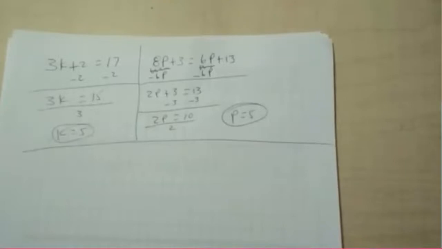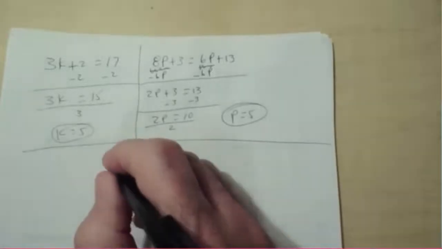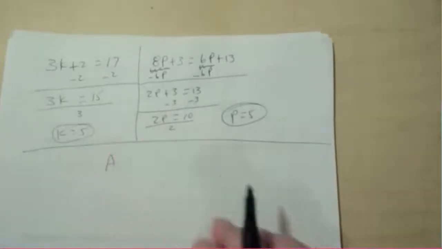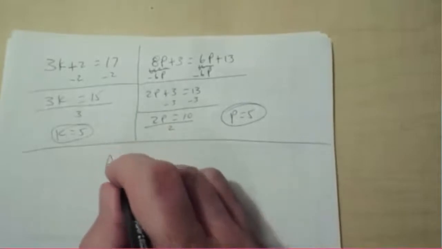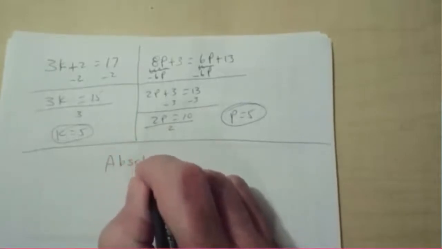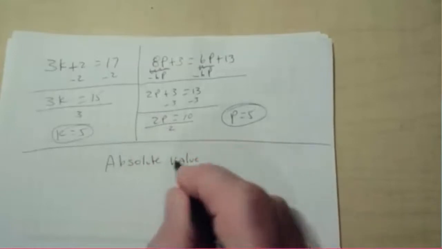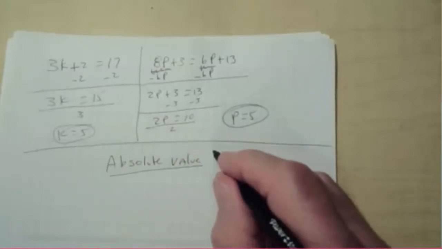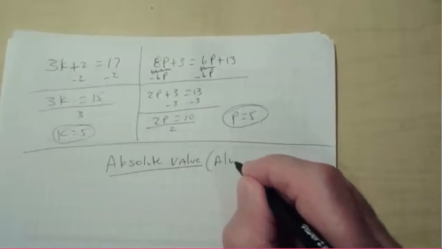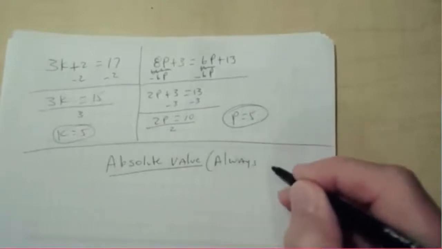Absolute value. This is the last one. Absolute value is always positive.